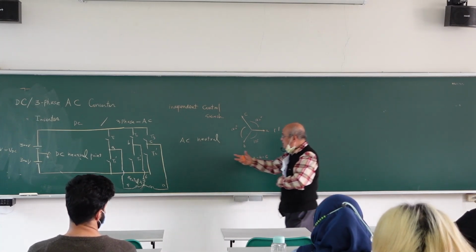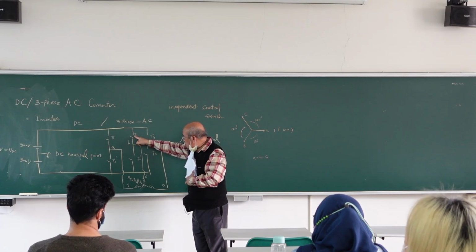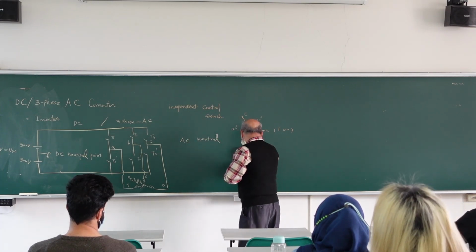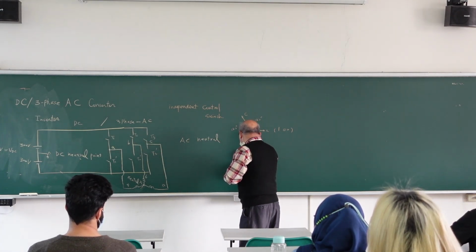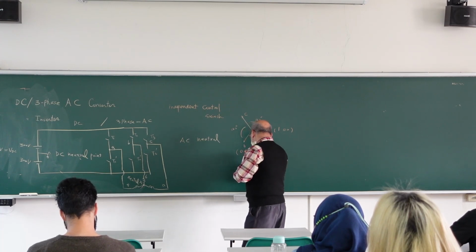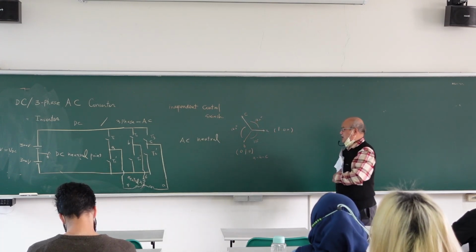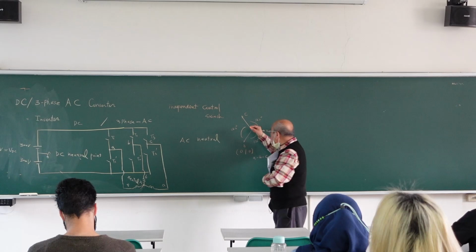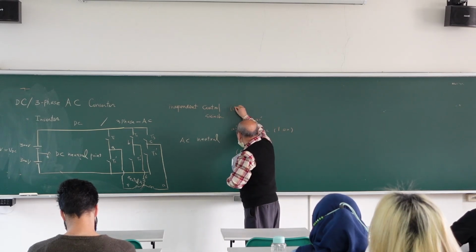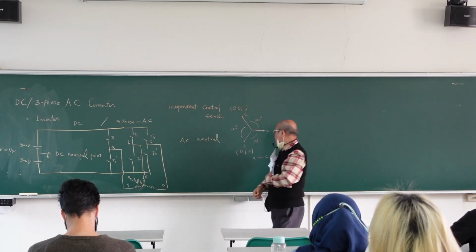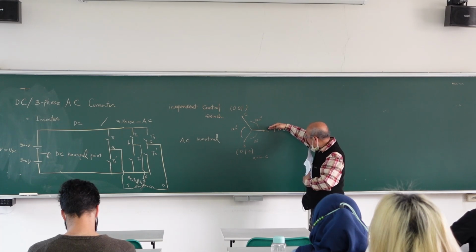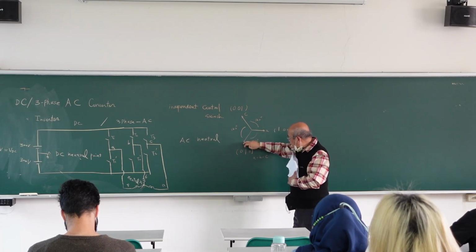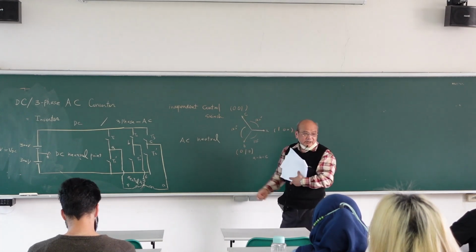If I need B phase voltage, then this one should be 1. So T2 should be 1, but T1 and T3 should be 0. If I want to get C phase, it should be 0, 0, 1. Then first I get A phase, then I get B phase, then I get C phase.